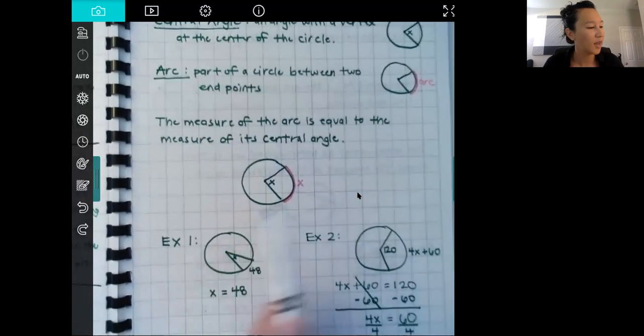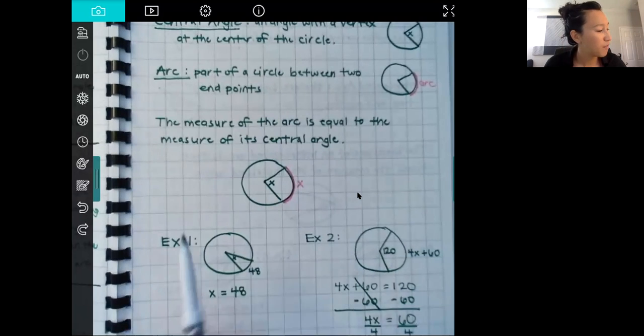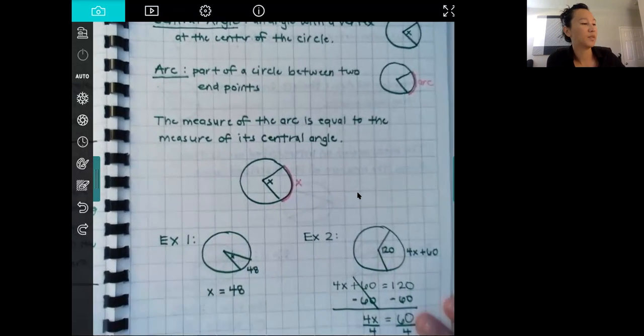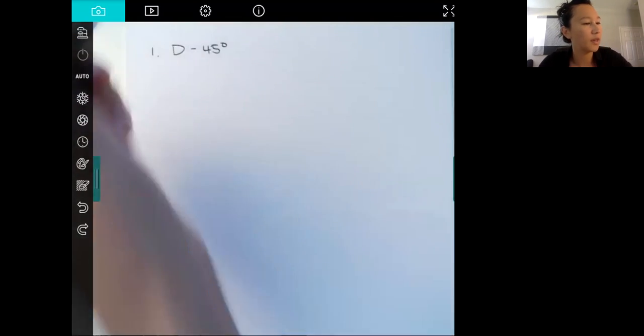So if the central angle is 120, then the arc is also 120. If the arc is 48, then the angle is also 48. Pretty simple. For number 1, if this arc is 45, then the central angle is also going to be 45. So that would be D, which is 45 degrees.